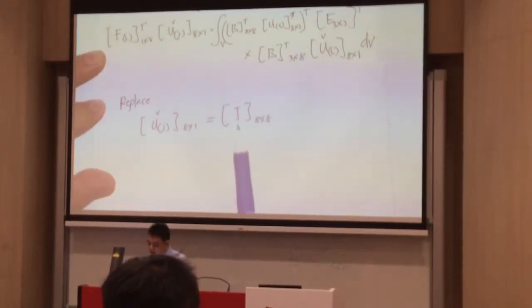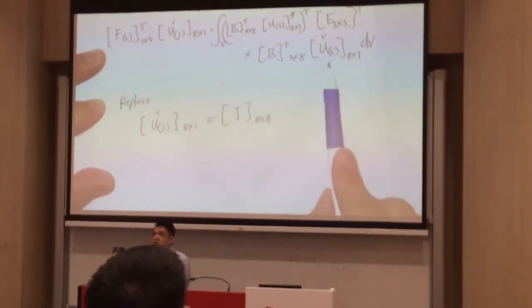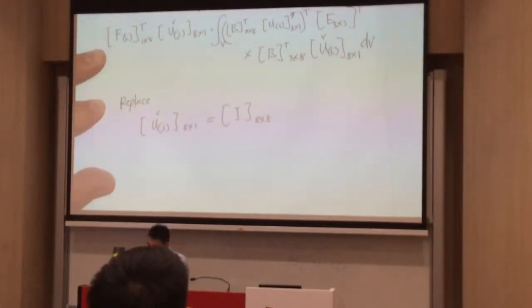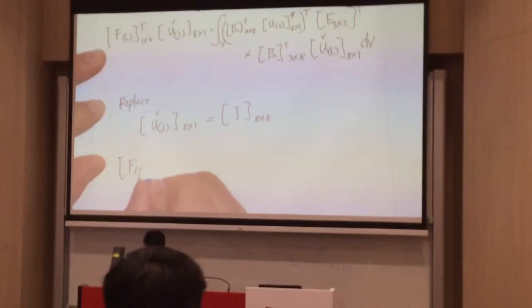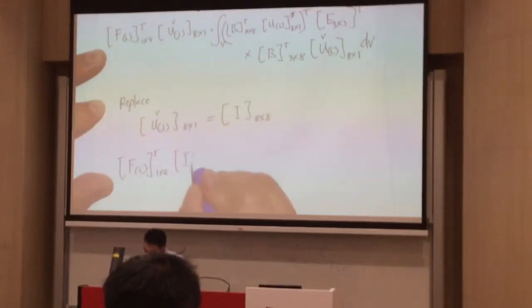So I can now replace this one here, 8 by 8. What else? Here, I can replace that with an 8 by 8 identity matrix. So what I have now is that force transpose, 1 by 8, and I have this one to be an 8 by 8 identity matrix.